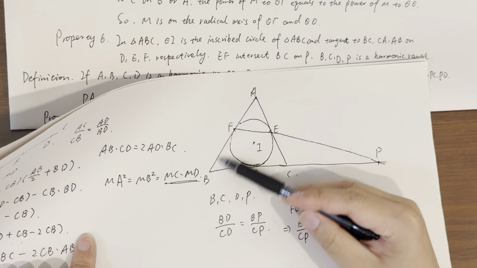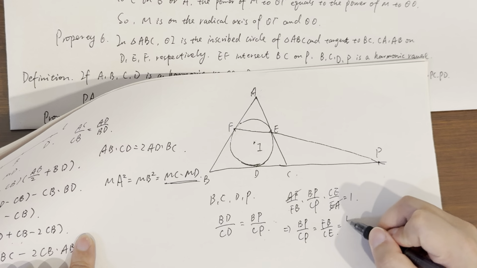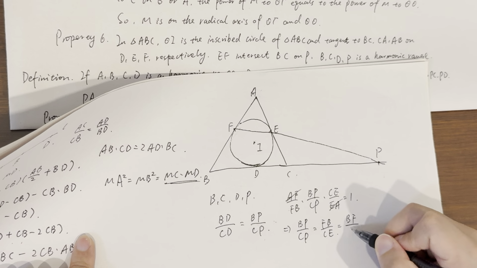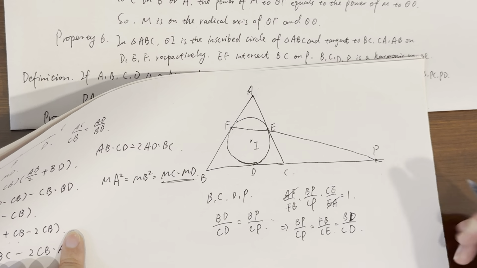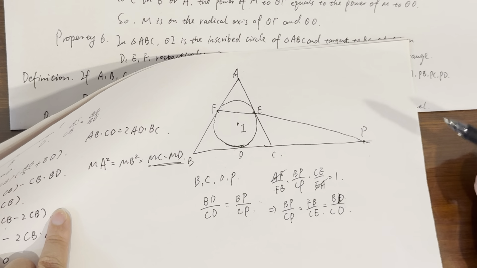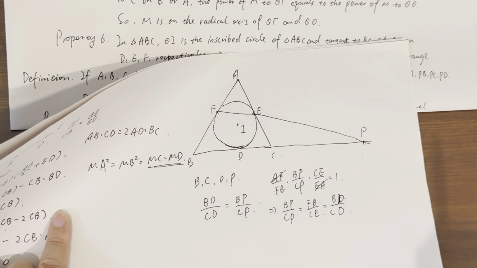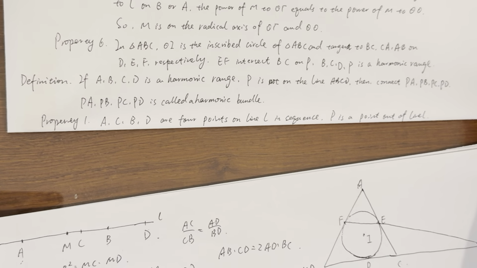And FB equals BD, CE equals CD, so it equals BD to CD. That is saying BD to CD equals BP to CP. So B, C, D, P is a harmonic range. Okay.